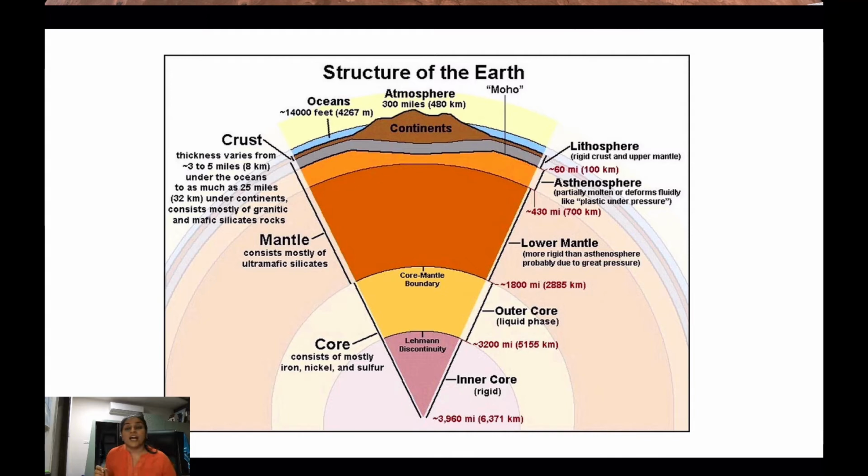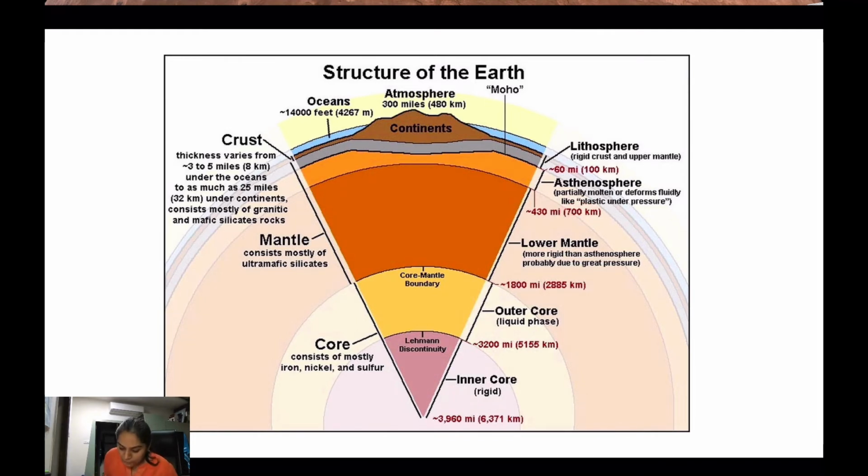The uppermost region of the mantle is still solid, an entirely solid region. So the rigid crust and the upper mantle form the lithosphere. So there is lithosphere up to some 100 kilometers, 100 to 200 in some areas, and then from there up till 700 kilometers is the asthenosphere, which is a little semi-solid region.